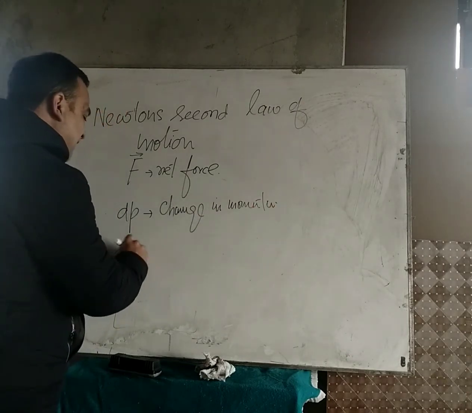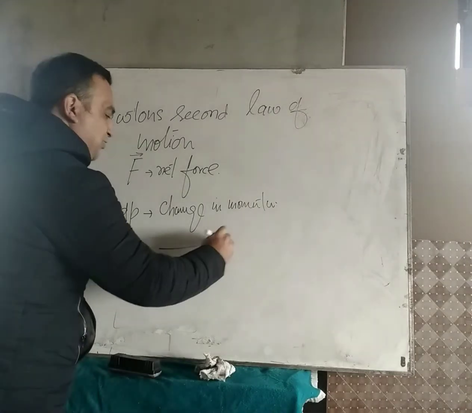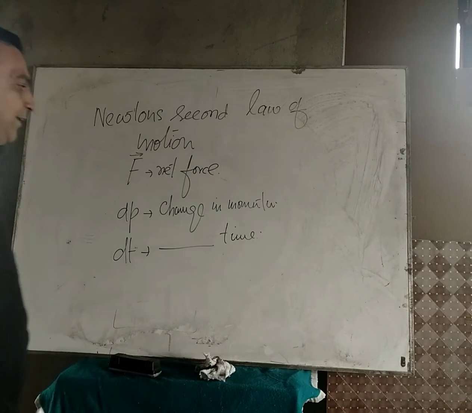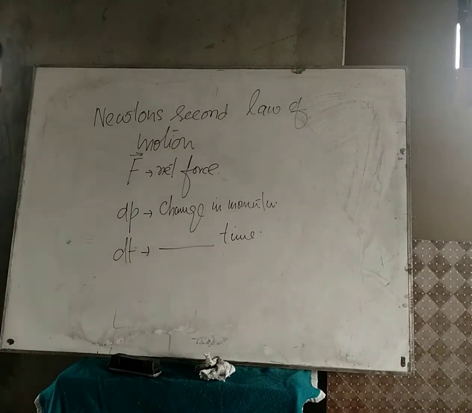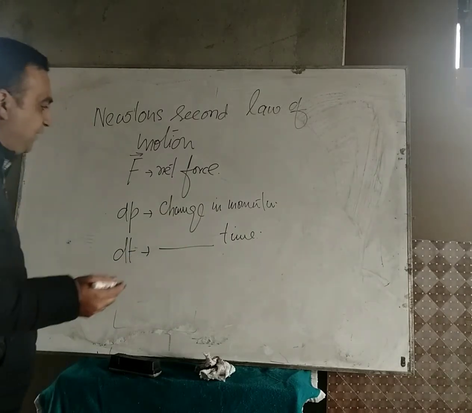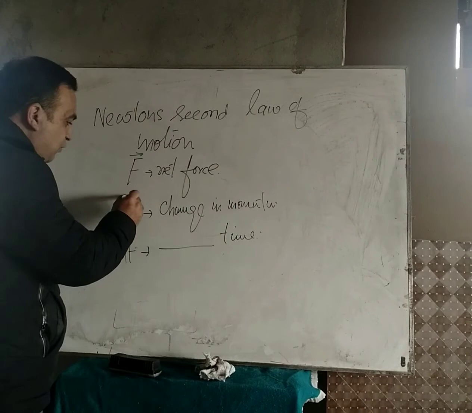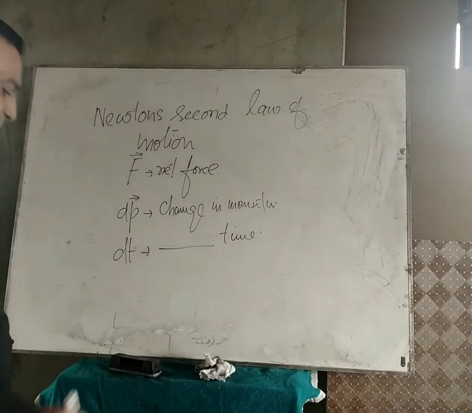And dt is the change in time. So what does the second law of motion say? How does the second law of motion relate these three physical quantities? Momentum is also a vector. That should be borne in mind.